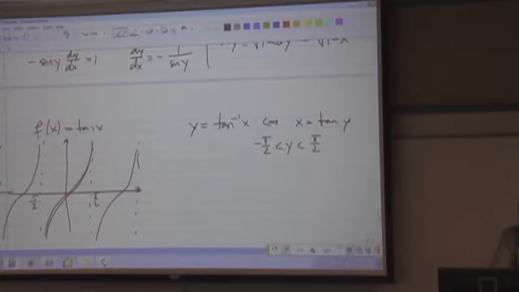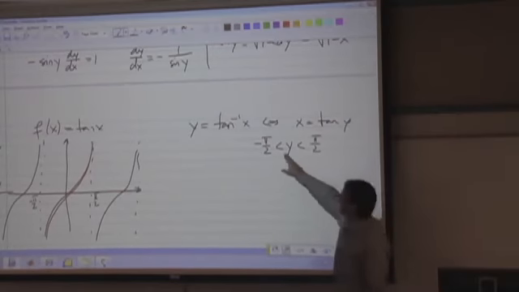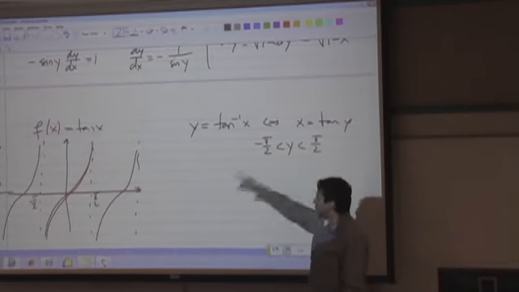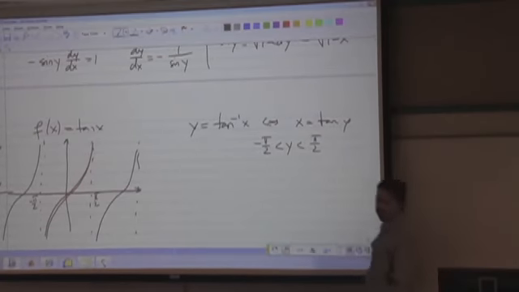That's the difference between tangent and sine. I said there's no equal here. Y can't be negative pi over 2 or pi over 2 because those are vertical asymptotes.